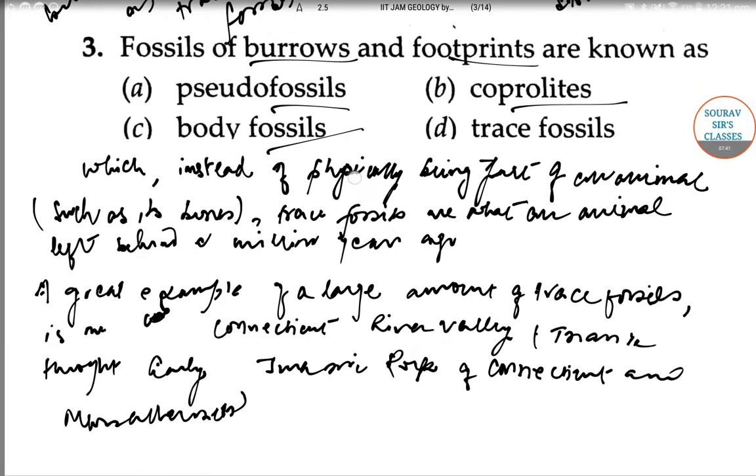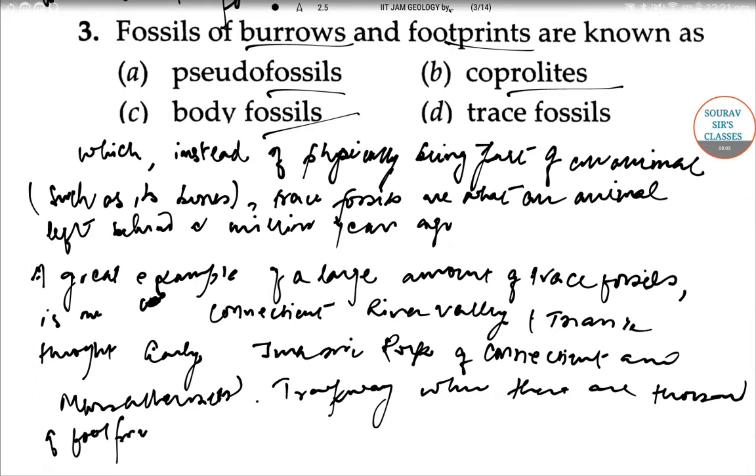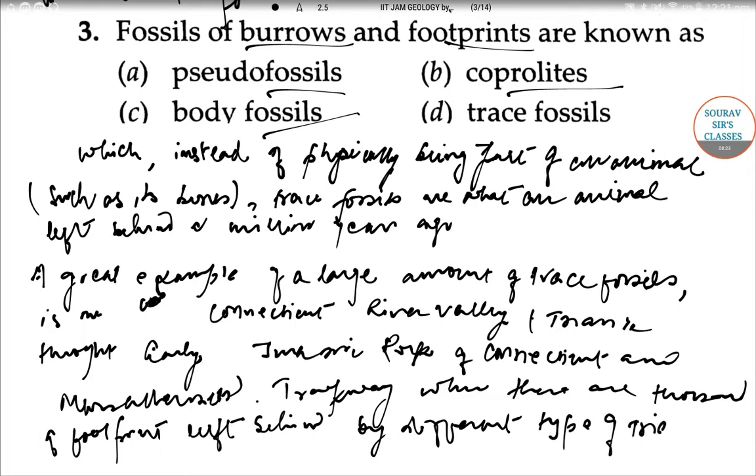It is a trackway where there are literally thousands of footprints left behind by different types of animals of the Triassic and early Jurassic.